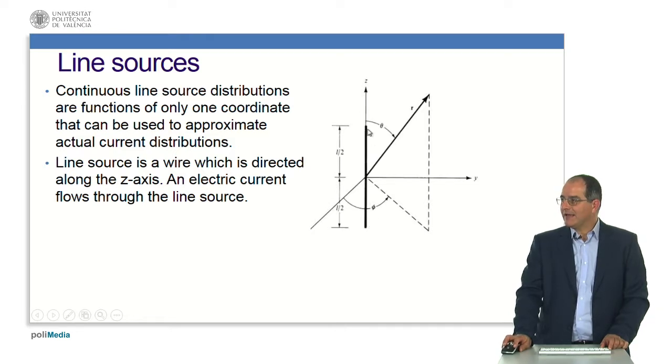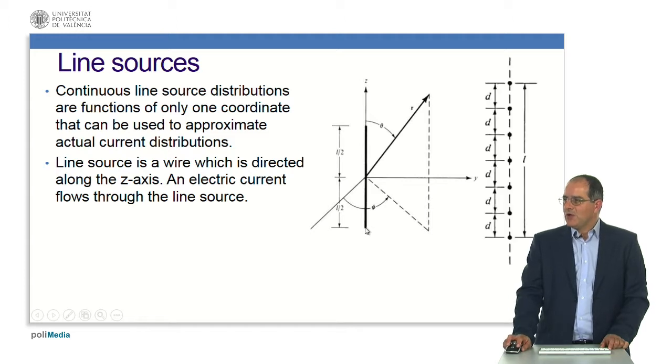We have a line source that is directly fed by a current along the z-axis, and we are trying to find the electric and magnetic field at a position far away from our source. Here we have in spherical coordinates the theta angle, and here the phi angle. The other component is the r vector, which points in this direction.